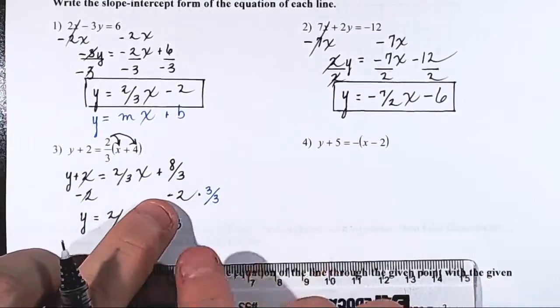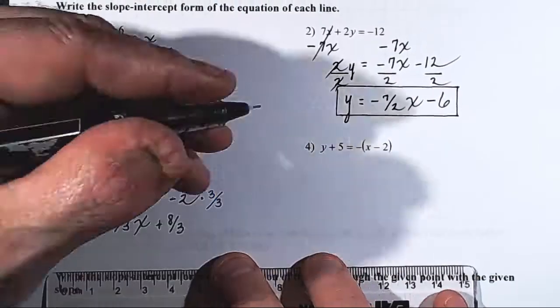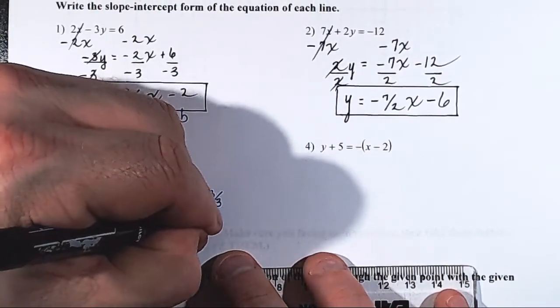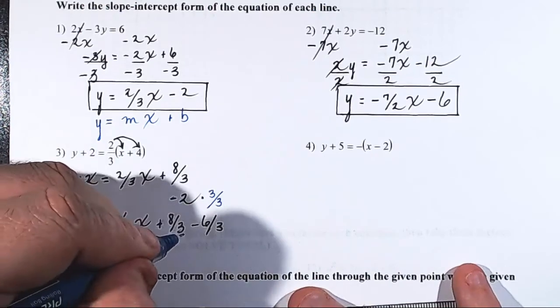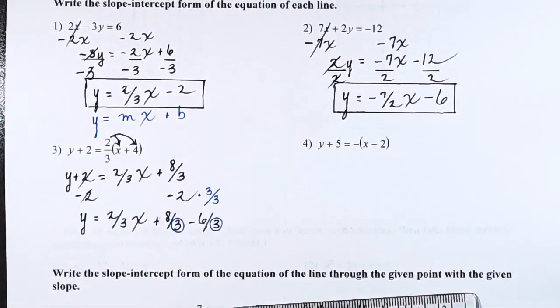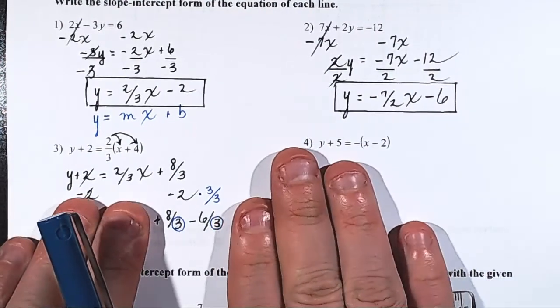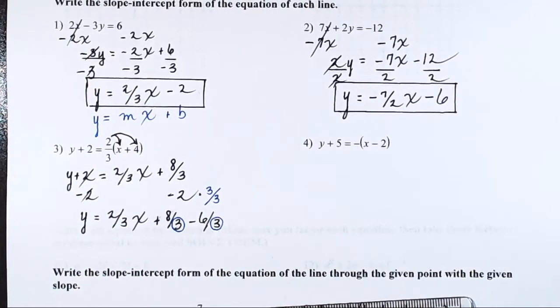And now negative 2 times 3 is negative 6 over 3. The benefit now is that we have common denominators. We can subtract these numerators.